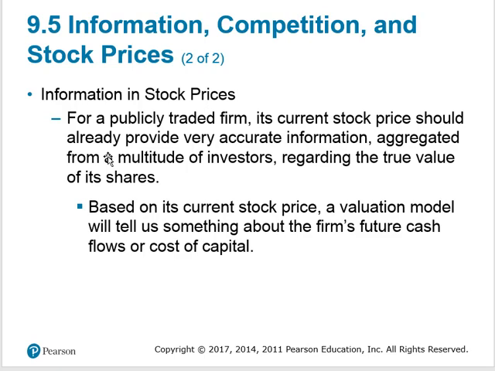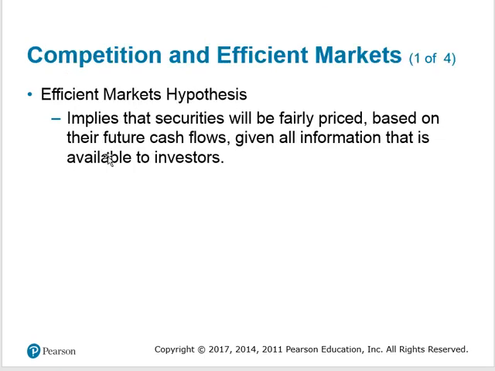So a valuation model will tell us something about the firm's future cash flows or cost of capital, right? If we know the stock price, we can do some algebra and solve backwards for what that's telling us about the future values of the company.